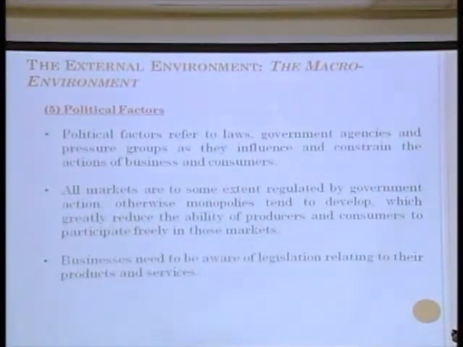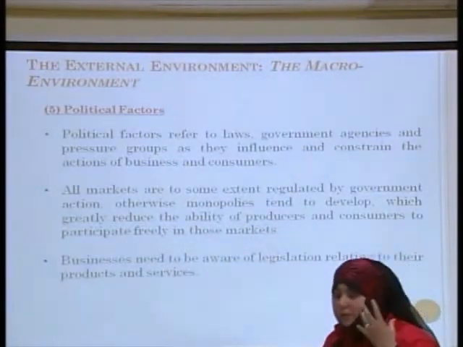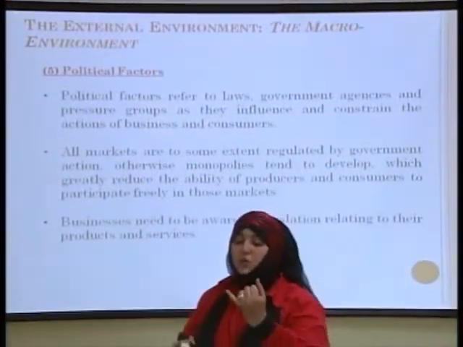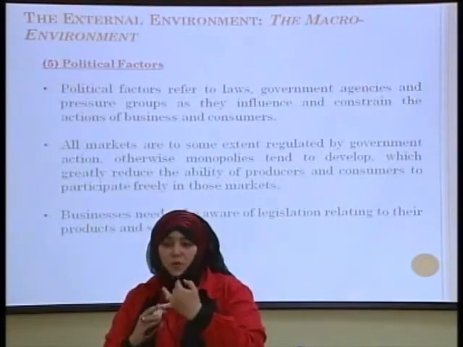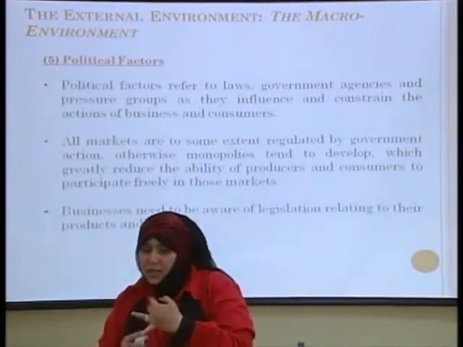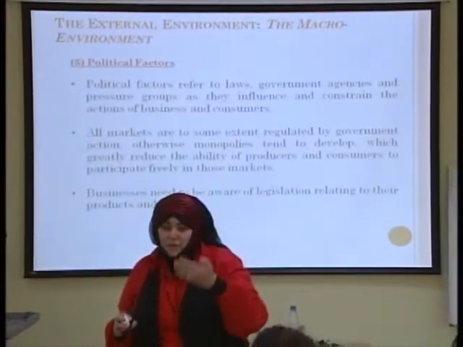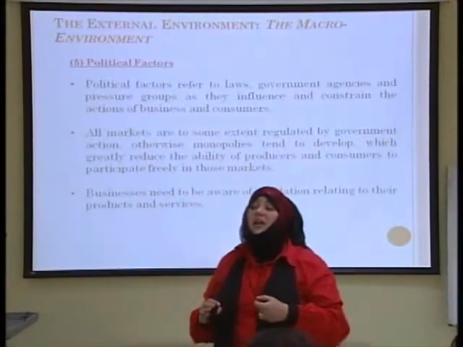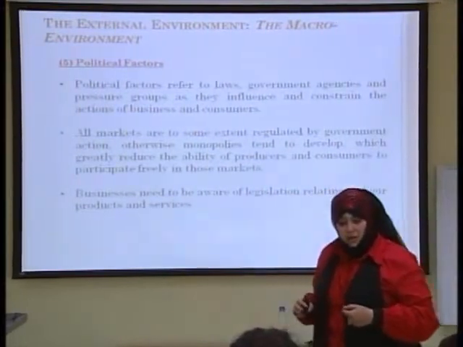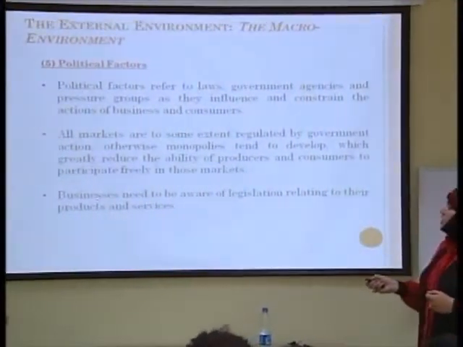Of course, monopolies reduce the ability of producers and consumers to participate freely in those markets, which means what? A monopoly situation means that you as a customer will accept the product even if it is of low quality, and the price even if it is very high, which leads us to an unhealthy economy.